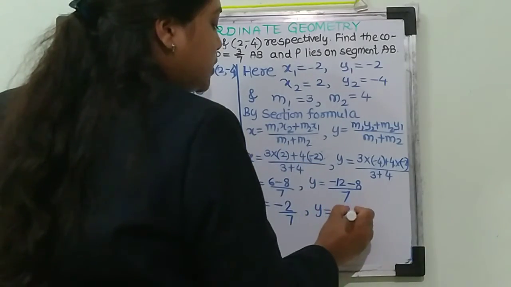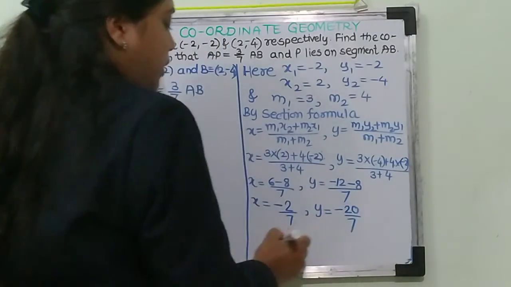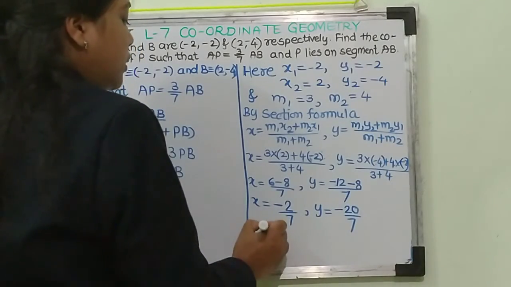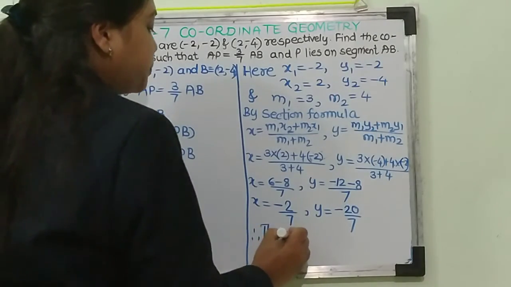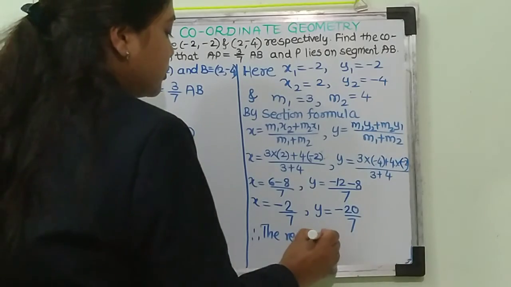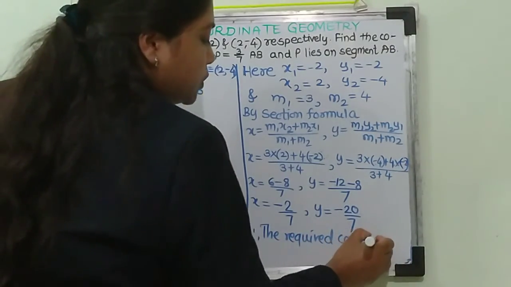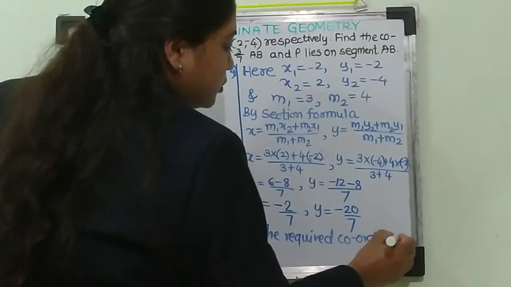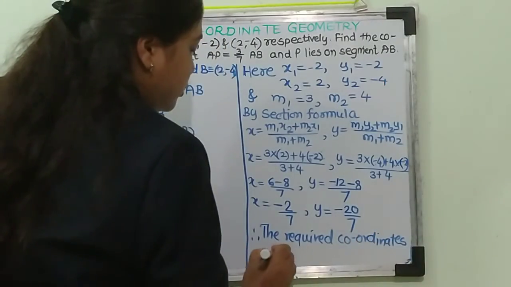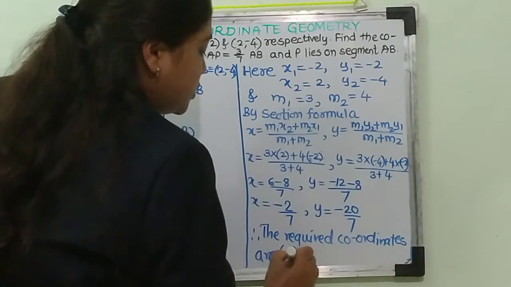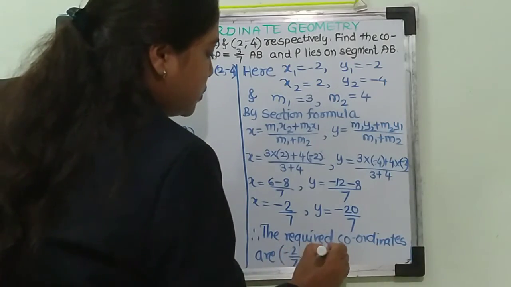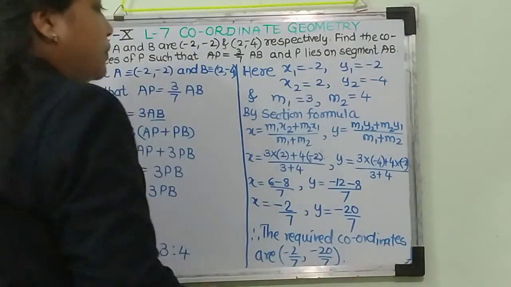So here -20 upon 7. Therefore the required coordinates are -2/7 and -20/7.